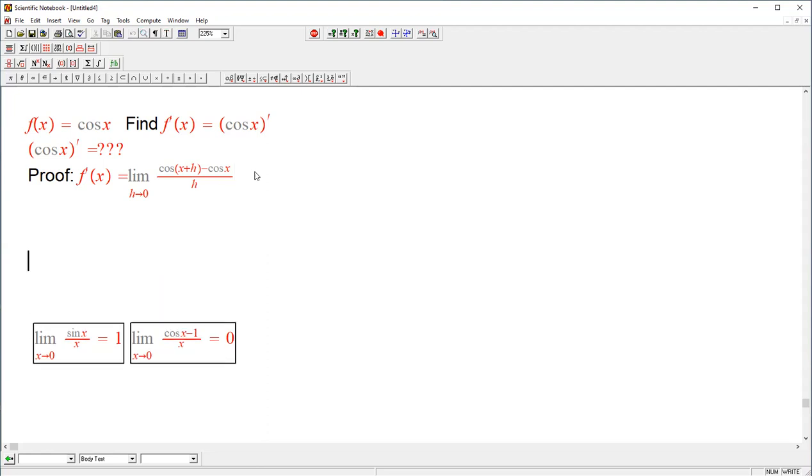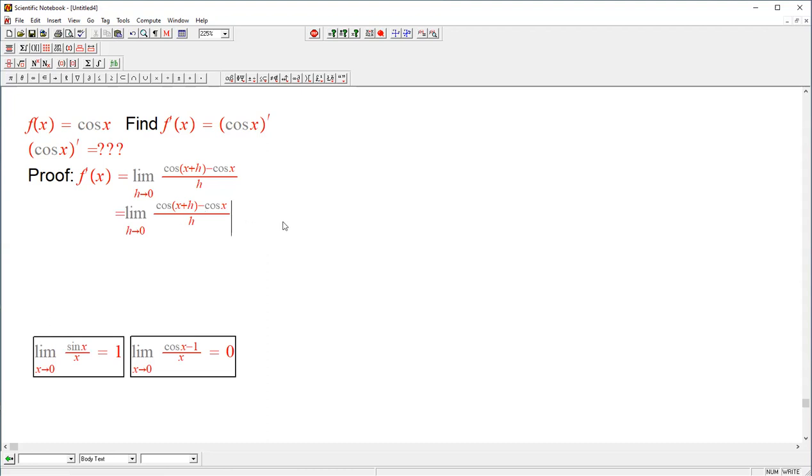Okay. And now we've got to apply the formula for cosine of (A plus B), which you learned in trigonometry.